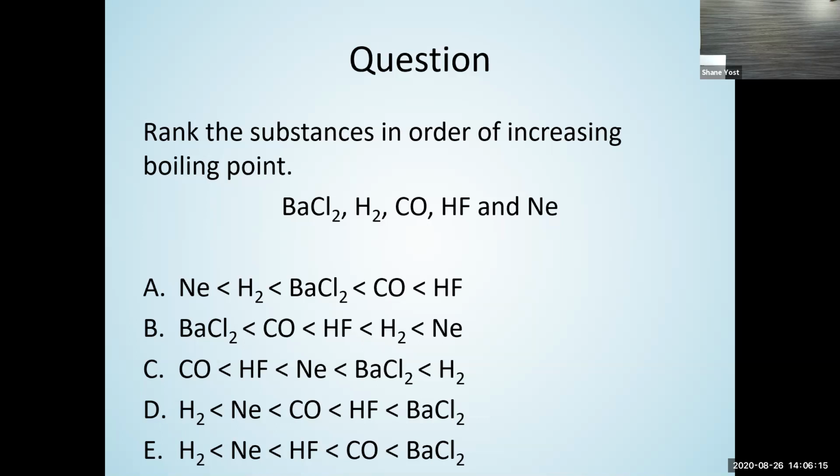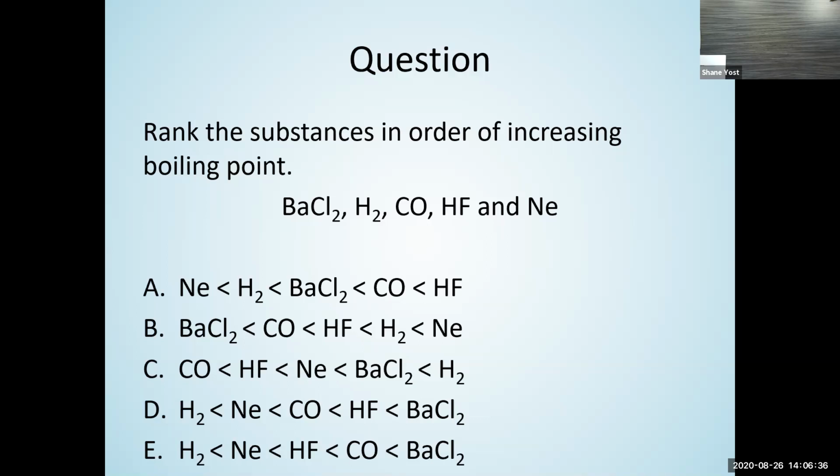For higher boiling point, you're going to have stronger or weaker forces holding itself together? Stronger, right? If you have strong intermolecular forces, it takes more energy to break the molecules apart into the gas phase. So stronger intermolecular forces means higher boiling point.